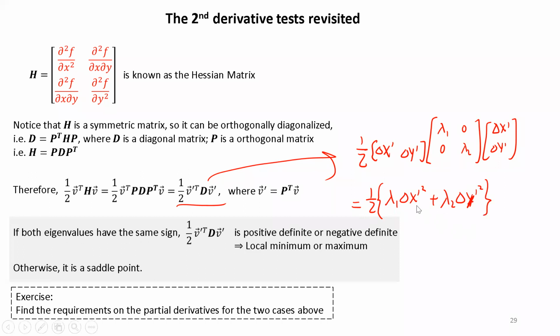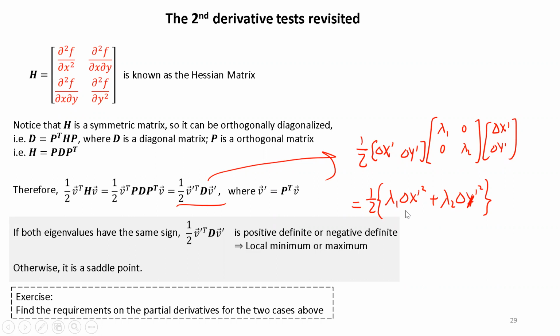So the question I'm asking is whether this one always gives me positive, or this one always gives me negative, or this one sometimes gives me positive or negative. So that's the question that we are trying to answer, given some arbitrary delta x prime and arbitrary delta y prime.